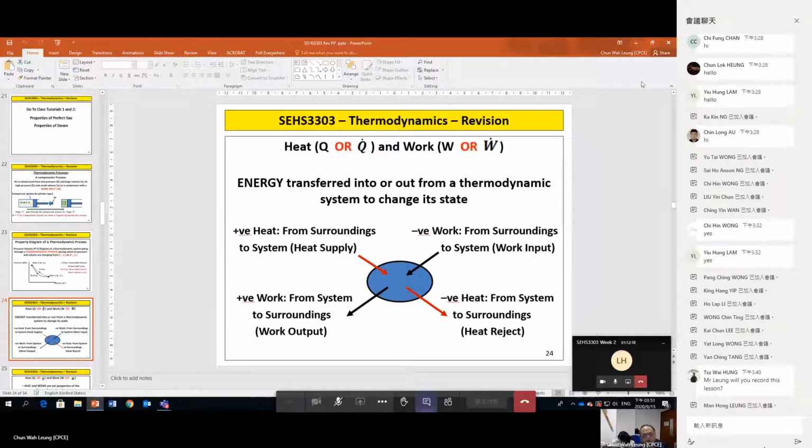But if we say no, now we are inputting 100 kilojoule per second of heat into the system. That is, we relate to the time. That is amount per second.